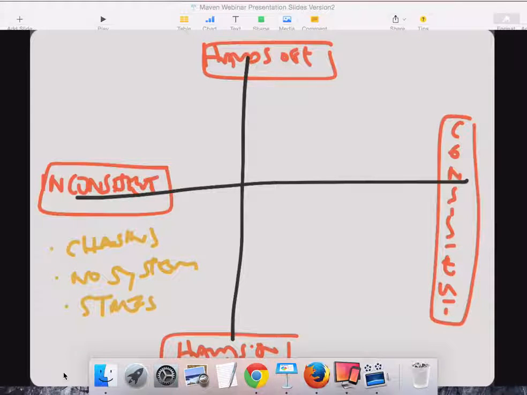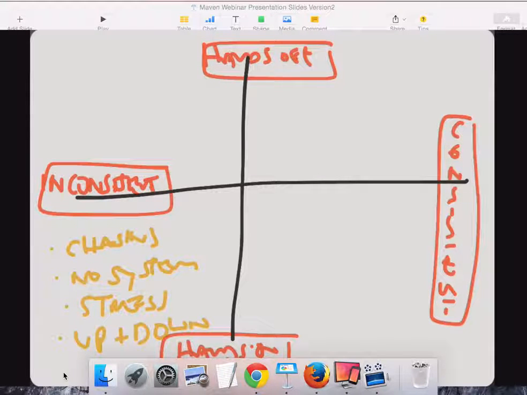So what does that do? It causes you stress. And then that gives you the up and down months, which is not where you want to be. So if you're inconsistent and you're manually hands-on, chasing clients, trying to get in front of clients, you haven't got a system. You're probably stressed. It's up and down.